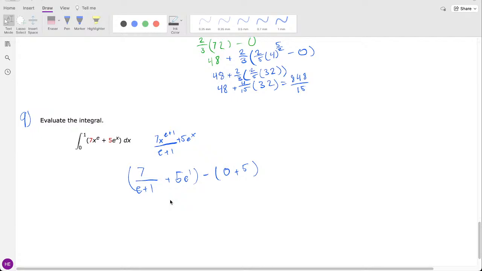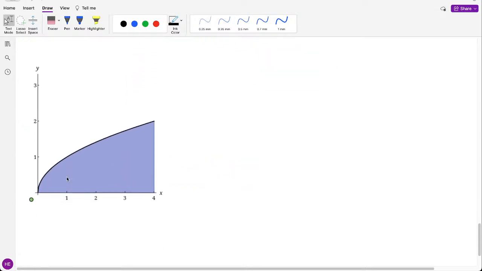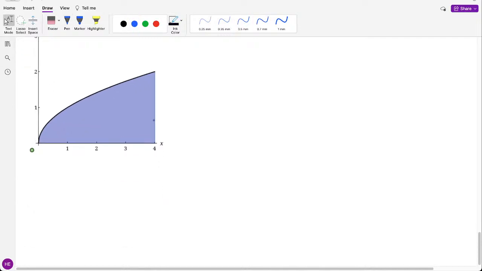Okay, I'm pretty sure this is the graph, so I'm just gonna bring this one over. And then write 10 for problem 10.